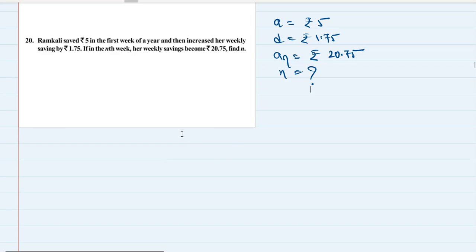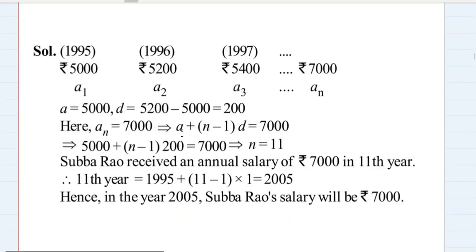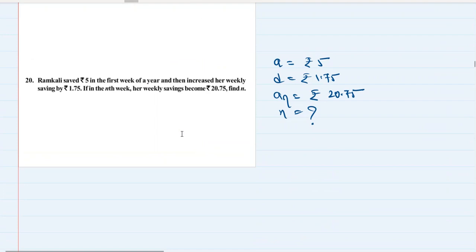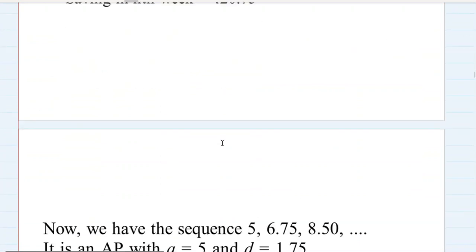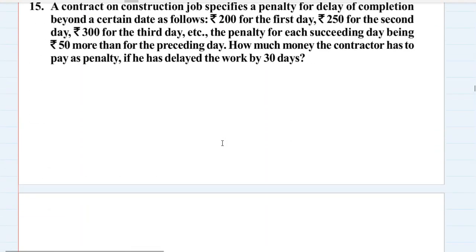Let's check the answer. I hope you applied the same formula as I did over here and solved properly, because there were decimal points. So I hope you didn't make any silly mistakes. Let's check the answer of n. Okay, so n is equal to 10. If your answer is 10, then your calculation and everything is proper. Let's go ahead.